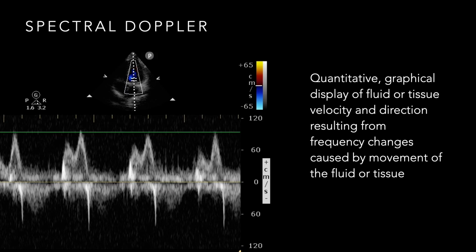If we put our spectral Doppler on, we can plot that on a graph, which means we can put numbers to that. We can put velocities to that. We can measure the slope of the acceleration and the slope of the deceleration. We can see a lot more characteristics of that blood flow that we wouldn't ordinarily be able to see with just a color display, right?